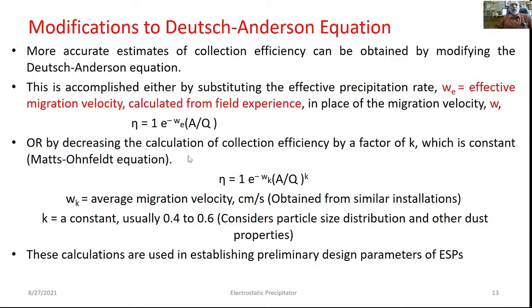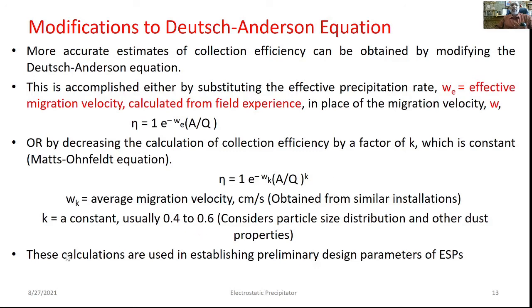Also, this theoretically collected efficiency can be corrected by a certain factor K, which is given by matching with field data. So accordingly, the change in the expression can be this. It incorporates the average migration velocity, which is obtained from the field for similar installations.